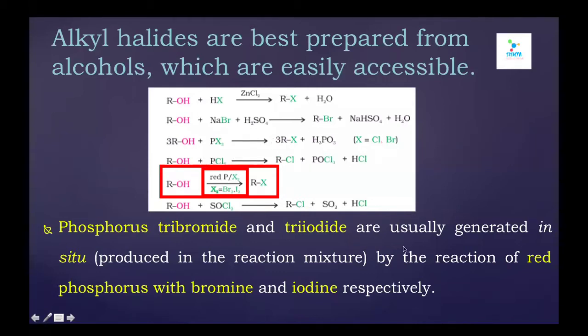That's why it is called in situ. The reactant used as the catalyst is formed in the reaction mixture. So phosphorus tribromide and triiodide are formed in the reaction mixture, and hence this is also called an in situ reaction. Here ROH, red phosphorus and halogen are applied, so the product will be alkyl halide.